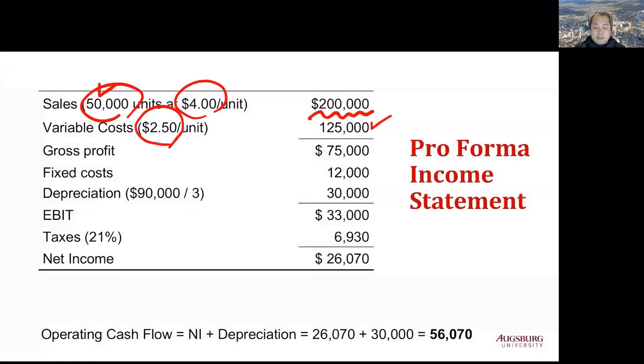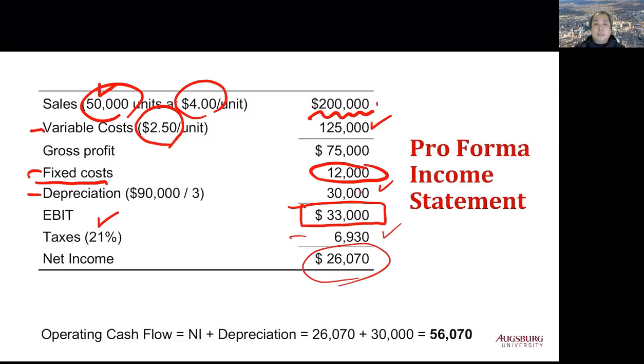So EBIT is sales minus variable cost minus fixed cost of $12,000 and annual depreciation of $30,000, which is $33,000. Since the tax rate is 21%, the amount of taxes is 21% of $33,000, $6,930. Then net income is $26,070.